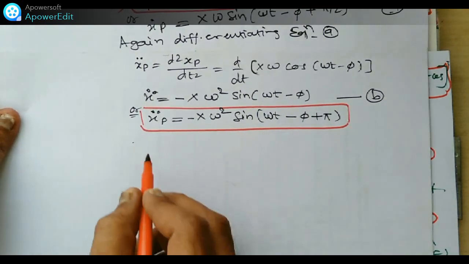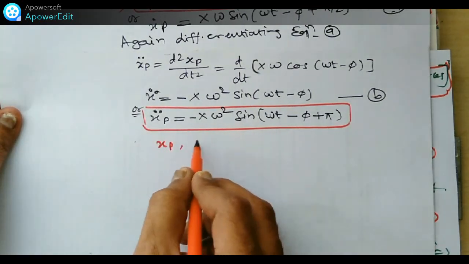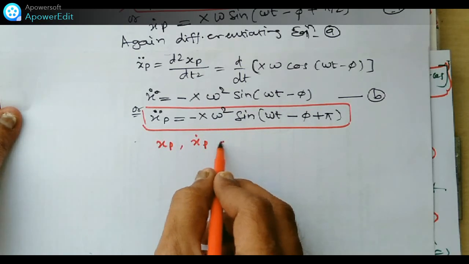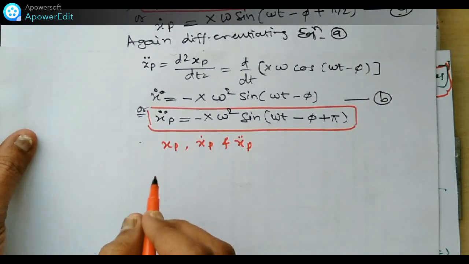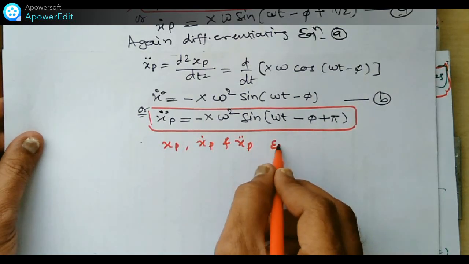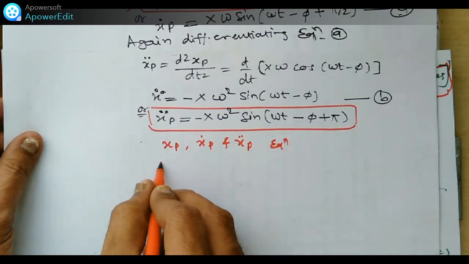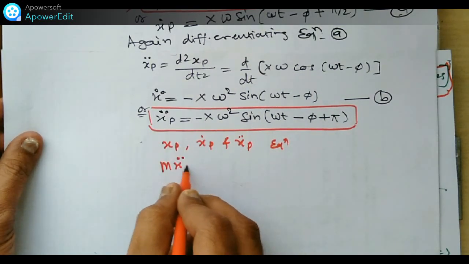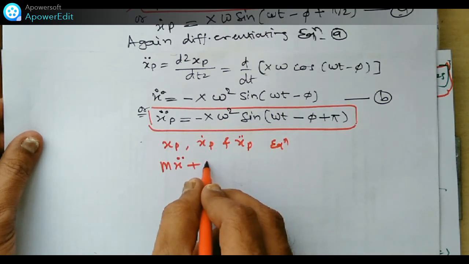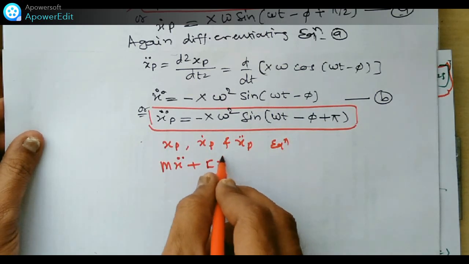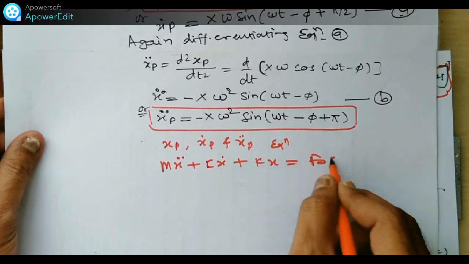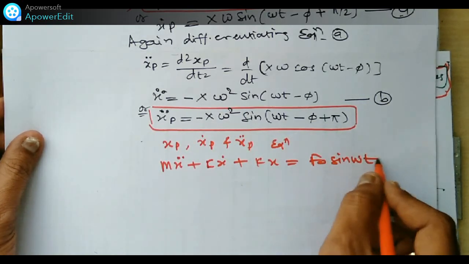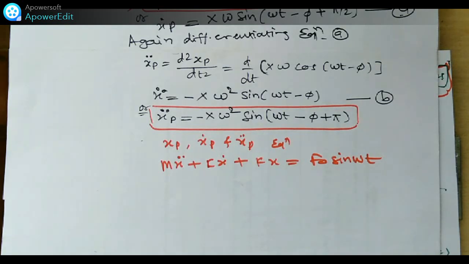These three values, xp, x dot p, and x double dot p, we have to substitute in this equation, which equation? m x double dot plus c x dot plus k x, which is equal to F0 sine of omega t. Correct. So what is happening here?